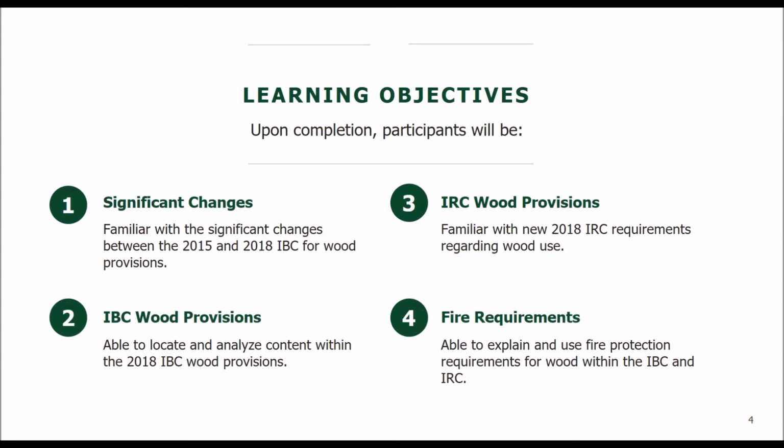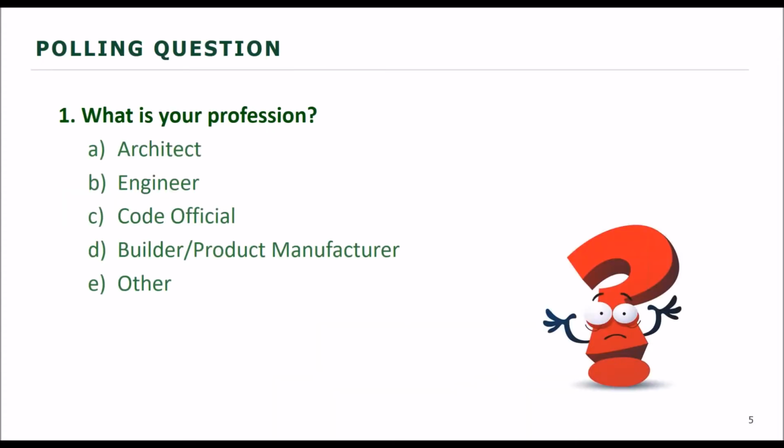And for the third learning objective, we have familiarity with new IRC 2018 regarding wood use. And the fourth one is fire requirements, being able to explain and use fire protection requirements for wood within the IBC and the IRC.